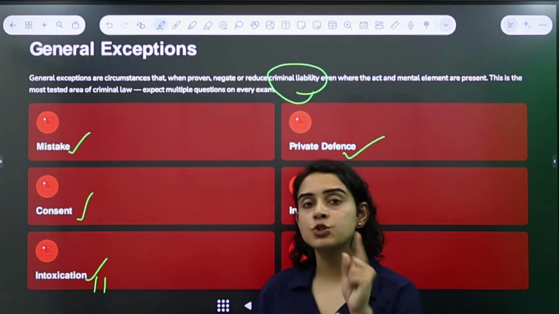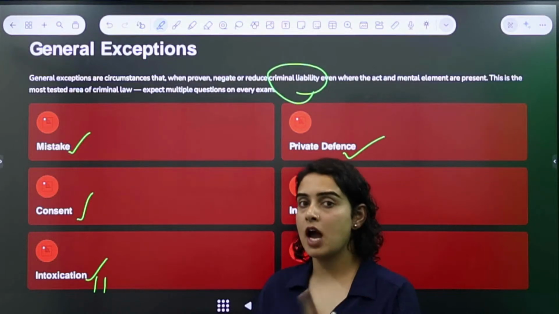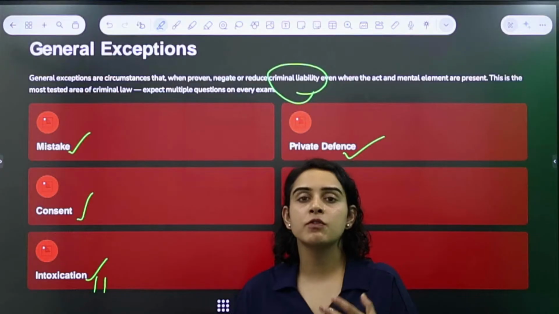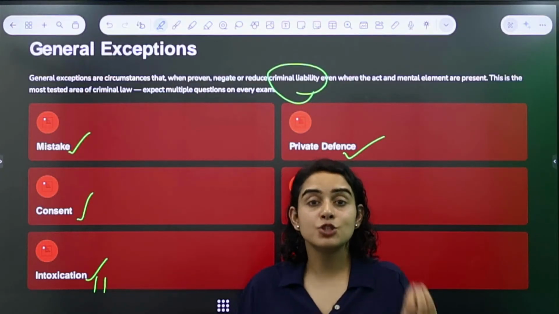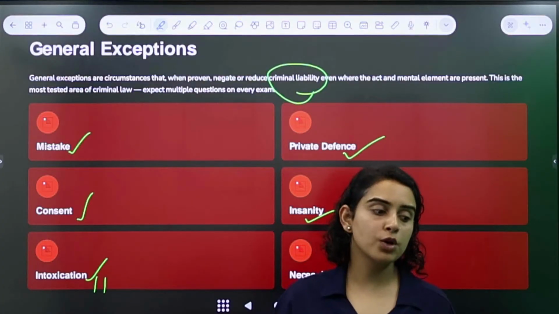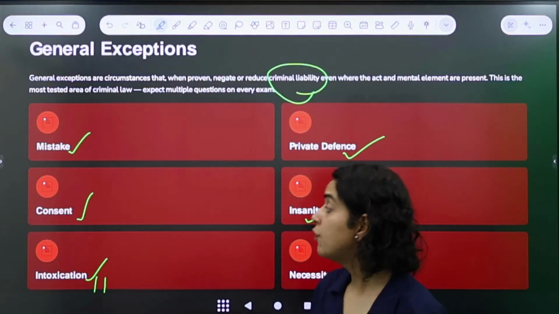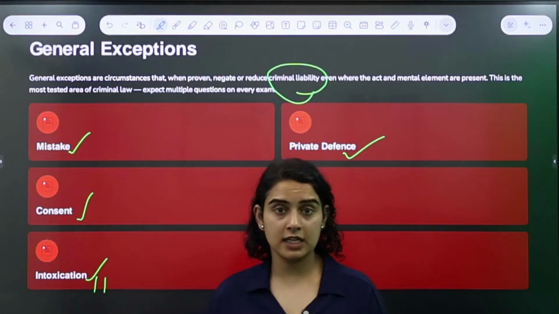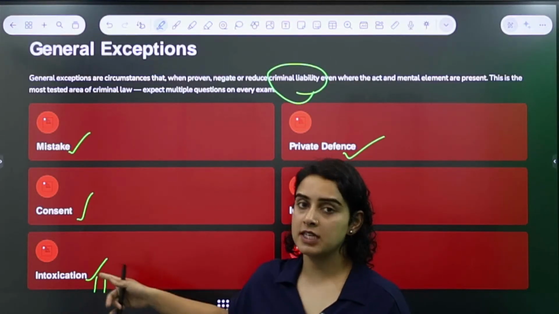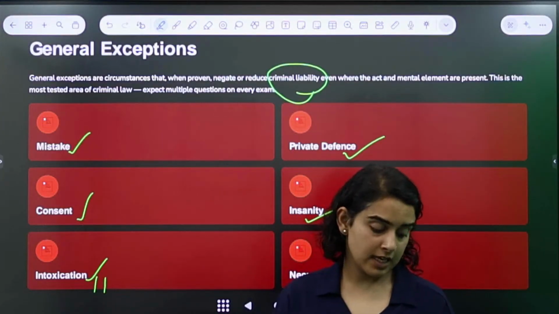In that case, you cannot ask for the defense under criminal law. Why? Because you have voluntarily consumed alcohol. But on the other hand, where you were not aware, or if you were forcefully intoxicated and then you were made to do some crime, then it is a defense. Intoxication in that case is a defense.